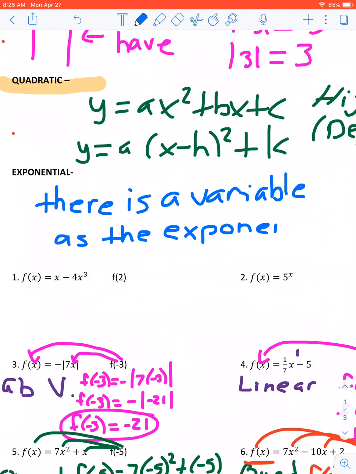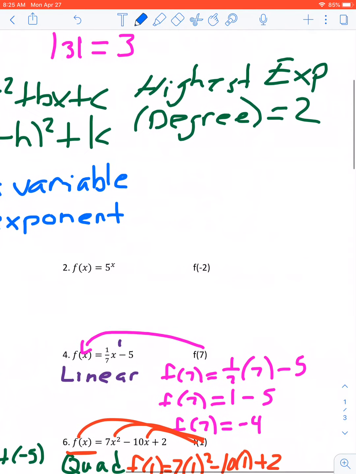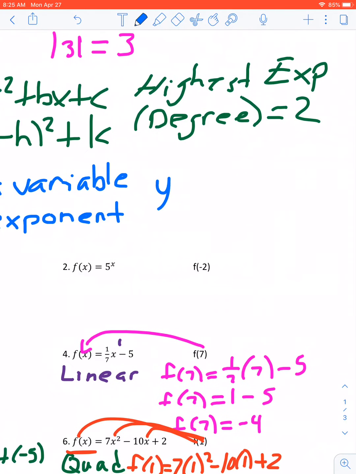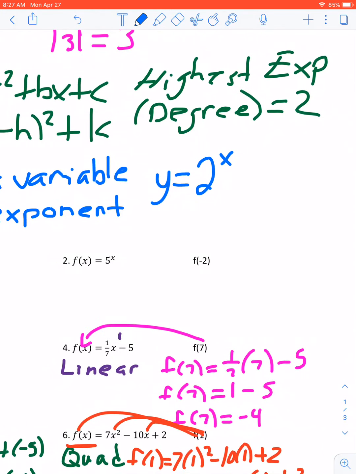But there's going to be a variable as the exponent. For example, if I have y equals or f of x equals 2 to the x, that's an example of an exponential equation. And the same thing's true if I have, let's say, y equals 2 to the x plus 3. That is still an exponential function because there's a variable in the exponent.